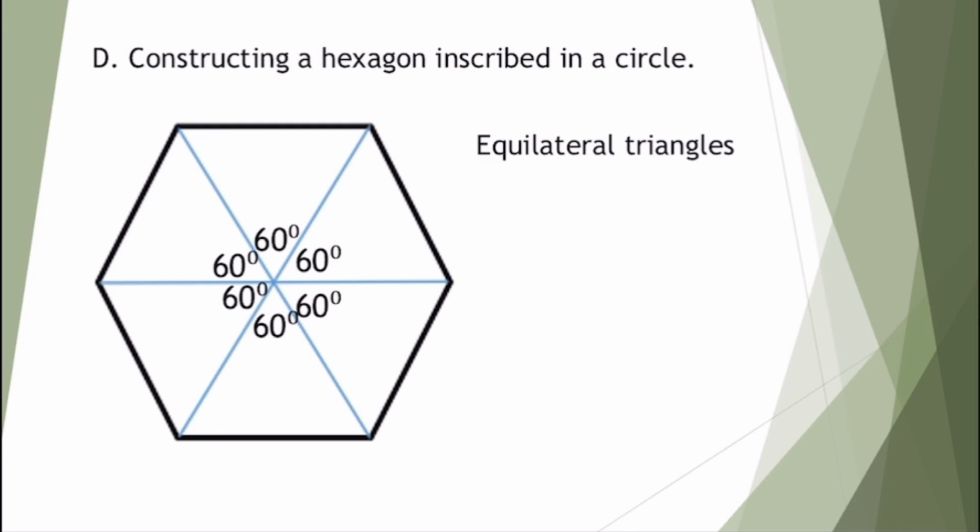The 6 triangles are congruent, and the 6 segments connecting the center of the hexagon to the vertices must be congruent. This means that the 6 triangles are all isosceles. The base angles of each isosceles triangle must be 60 degrees.